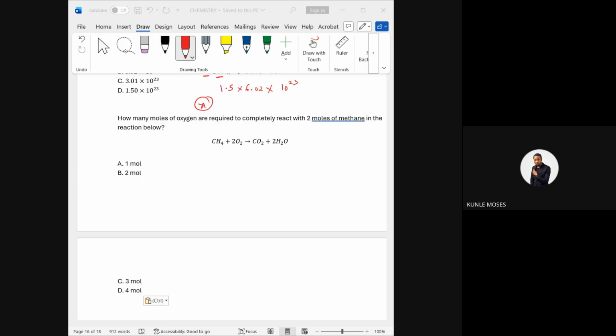Everybody, do that! The mass of methane, very fast. 32, the mass of methane, 32. Number of moles equals mass over molar mass. Let me see the answer first. Let everybody do it.